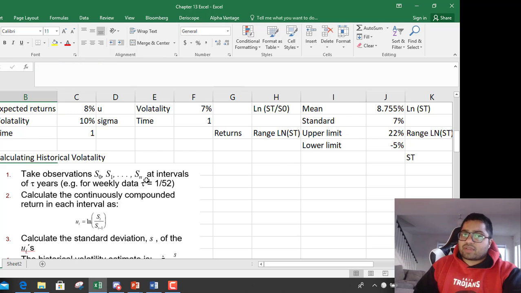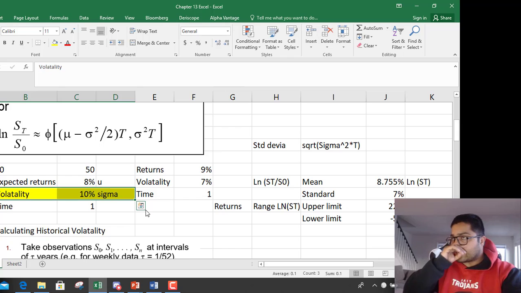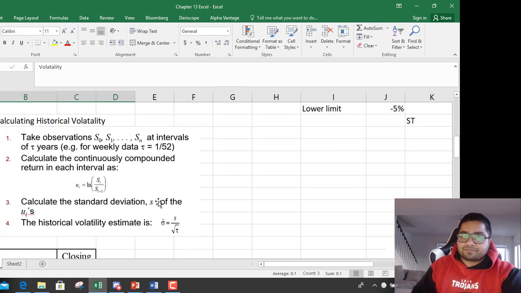We have seen that to calculate mean, standard deviation and ranges, you require volatility. So there are two ways to find out volatility. Volatility can be historic, so based on historical data you calculate volatility, or volatility can be implied. Implied means from option prices you can calculate volatility. First we are going to discuss how to calculate historical volatility.